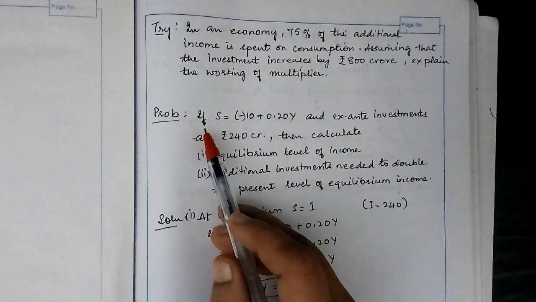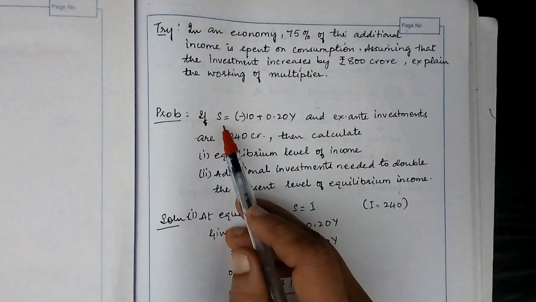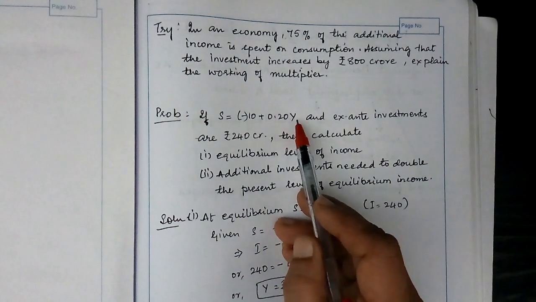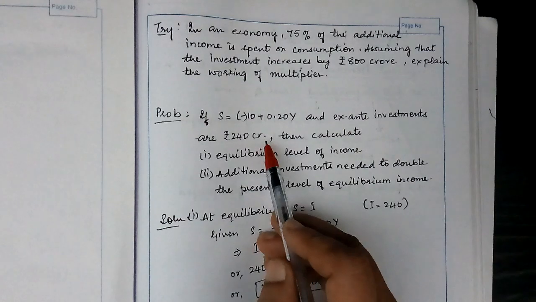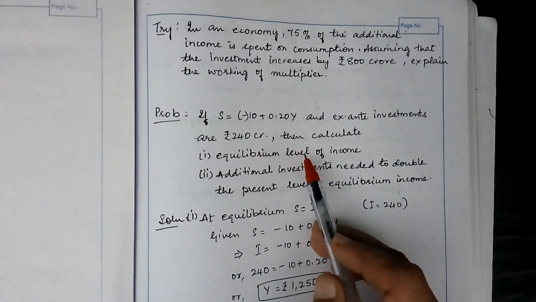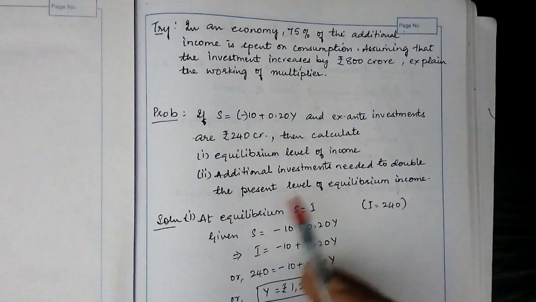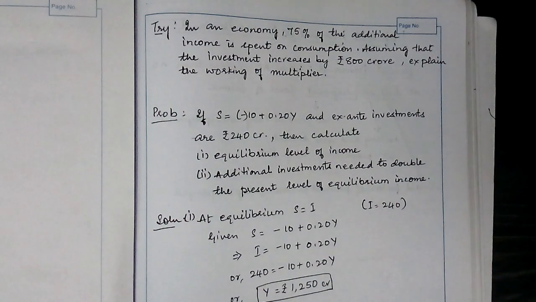Next, let us look into a problem. If the saving function is given, S is equal to minus 10 plus 0.2y, and ex ante investment is rupees 240 crore, then calculate the equilibrium level of income and the additional investment needed to double the present level of equilibrium income. Let's try to solve this problem.